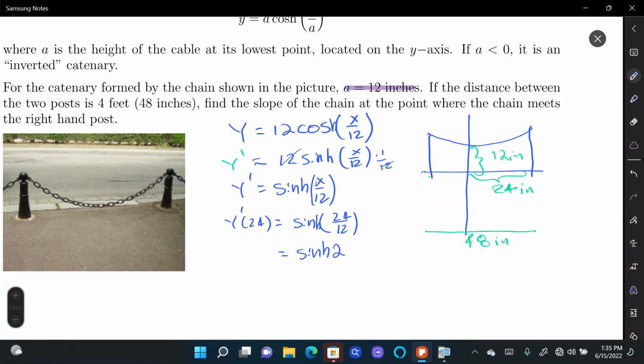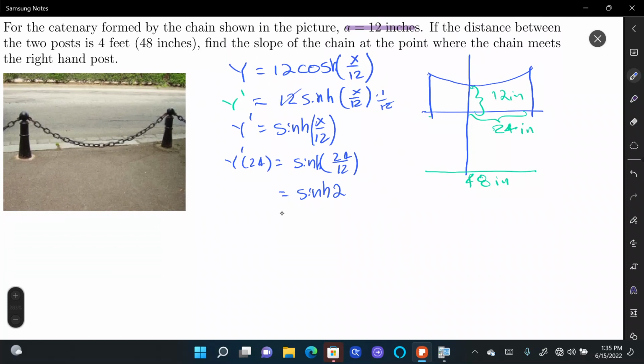And of course, if you want to use the definition in terms of exponentials, that's e to the 2 minus e to the negative 2, divided by 2. Well, that'll be the exact answer in terms of exponentials. However, typically for applications, we use decimals.